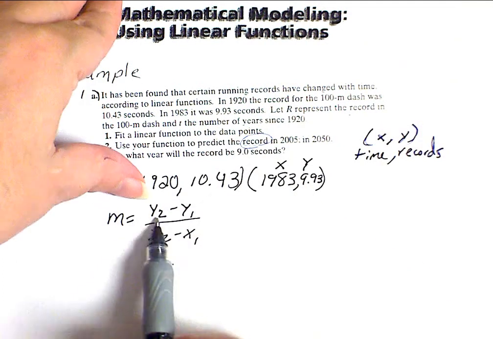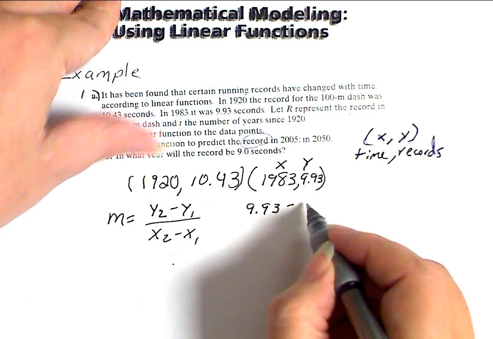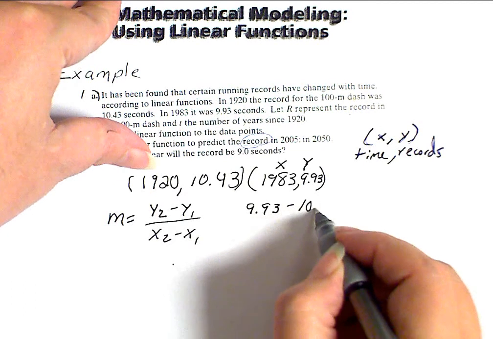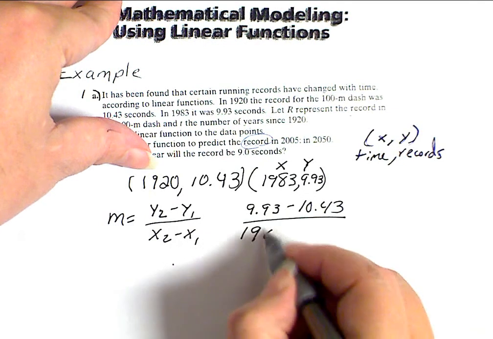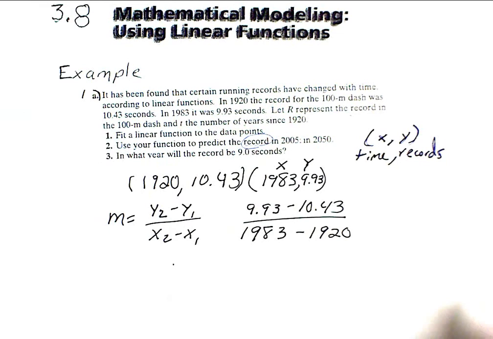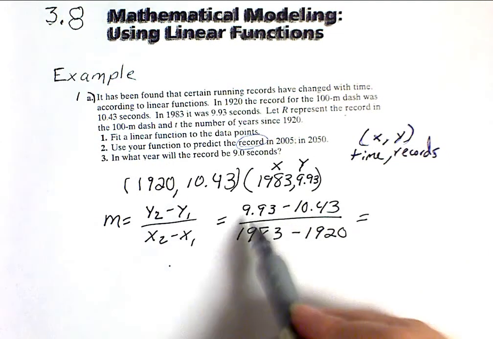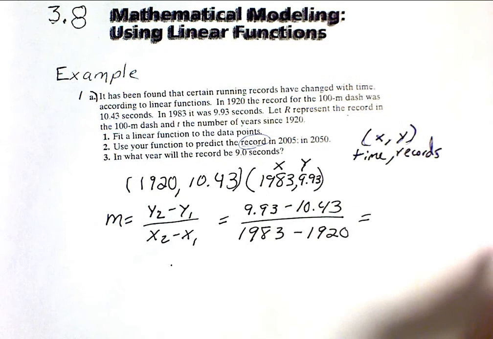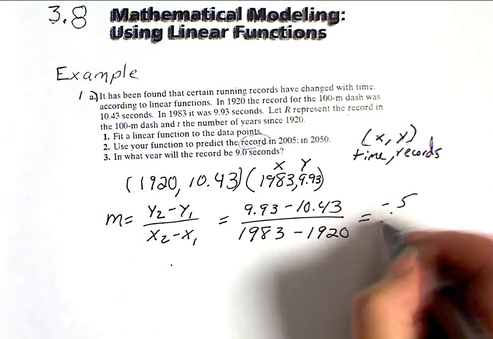Yep, so 9.93 minus 10.43 over 1983 minus 1920. Very good. All right. We put this into our calculators. Negative 0.5 over 63.